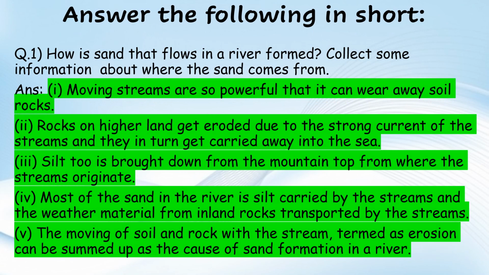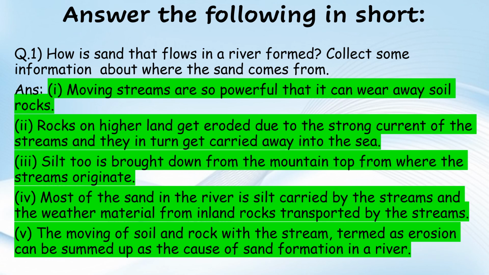Now answer in short. Just in a brief way, we have to explain how the sand that flows in a river is found, and collect some information about where the sand comes from. Since we have learned that due to changing climates, these streams keep on moving and take up rocks and soil from those places, and rocks on higher land also get eroded due to the strong current, and they carry it away to the sea.